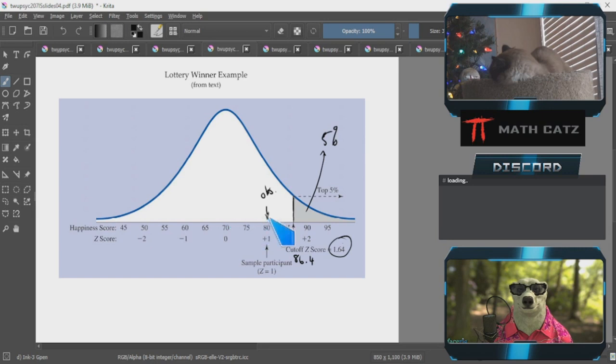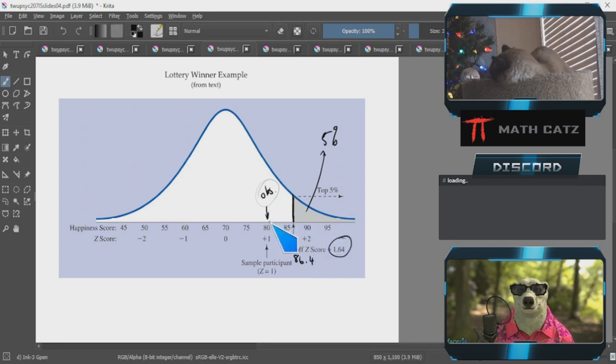I have a range around 70, my mean. That could happen if I just randomly pick people. Some will be 75, some will be 70, but a lot of them will be 80. Some will be 85. But I decided my cutoff for considering a score to be quite rare and something I won't get often to be this line over here. So my observation falls within that line, not in the tail.